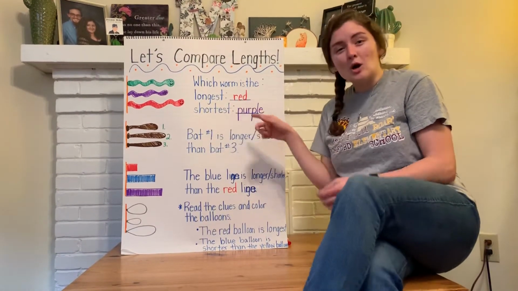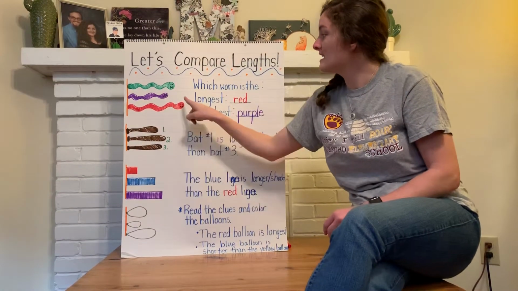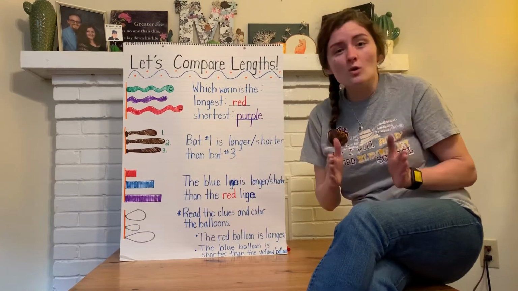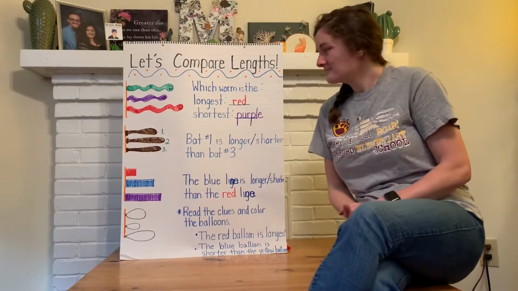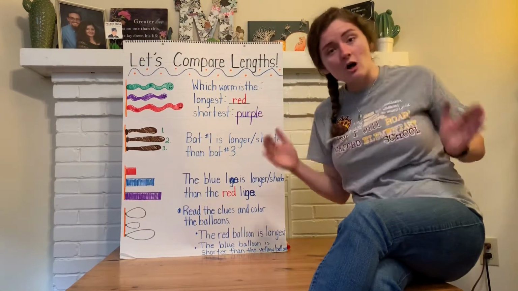I know that my purple worm is the shortest because when I look at where it starts, I can compare it to the green and the red and see that it is shorter than both. Okay, so we can compare shortest to longest.